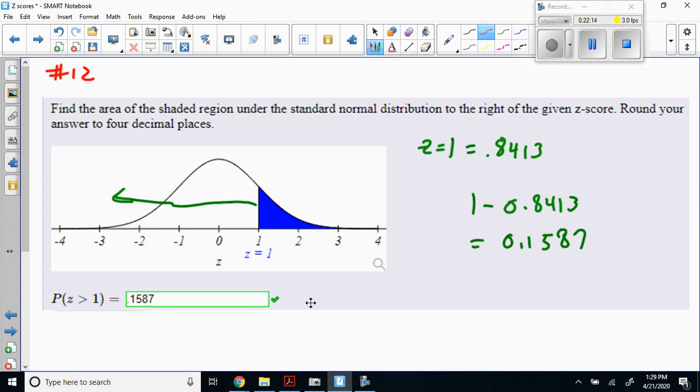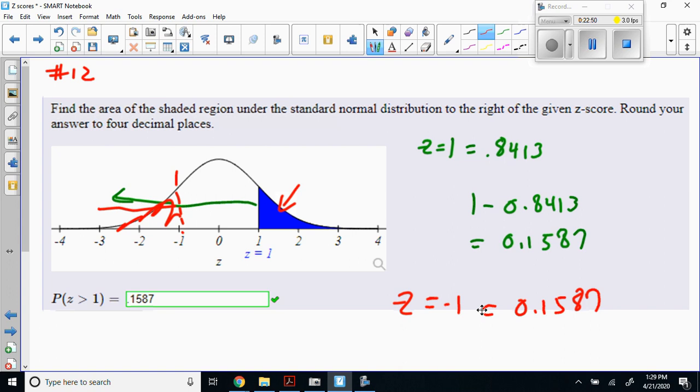But if I were to look at the z of a negative 1, because that would be like here, right? And because it has a bell-shaped curve, it's symmetrical. Everything over here is equal to everything over there. So if I go look at negative 1, guess what I get? There you go. So that's what you can do.